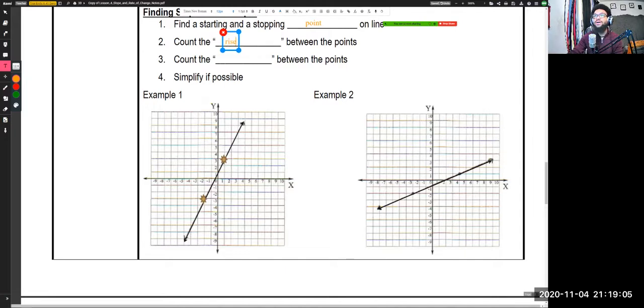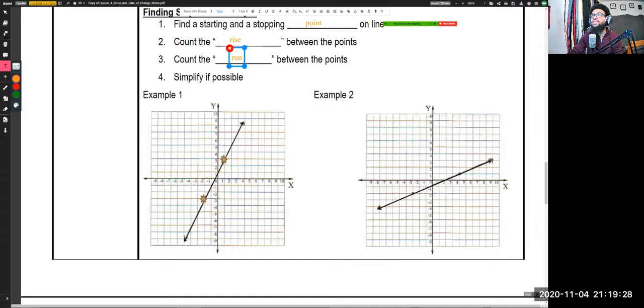So you're going to count from your starting point up to the same level that your stopping point is at. And then you're going to count the run. The run is the distance from your starting point left and right to your stopping point. So first you're going to count up or down, and then you're going to count left or right.